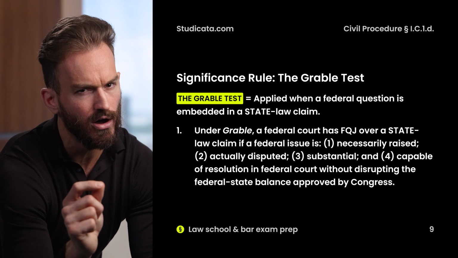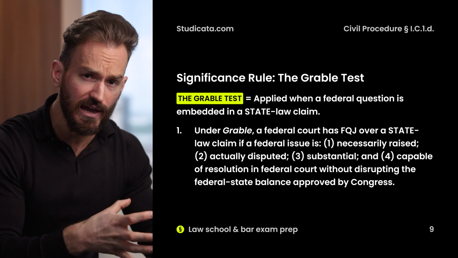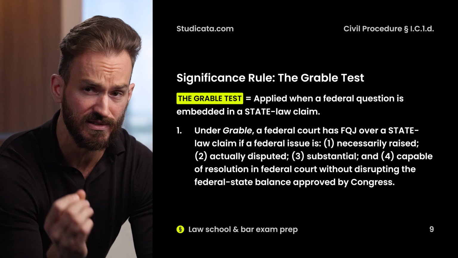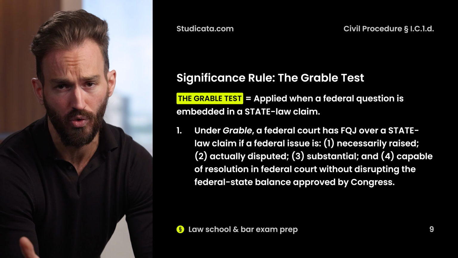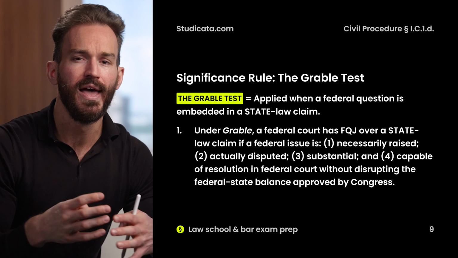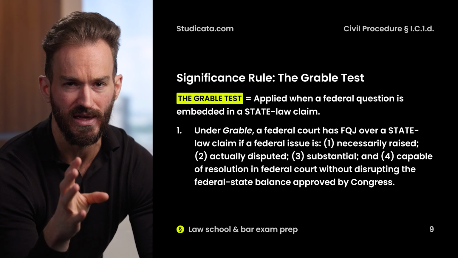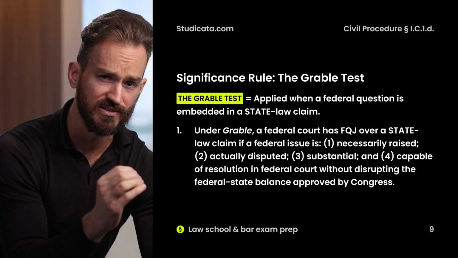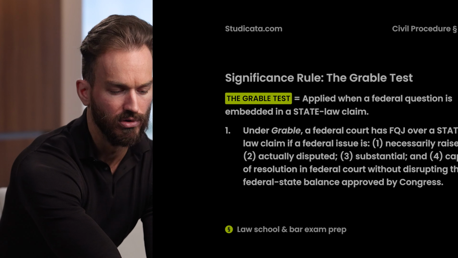We'll see Merrell kind of doubles down on the creation test, and we'll see 20 years later kind of how Grable and Sons, this new Supreme Court decision, distinguishes itself a little bit from Merrell and how we get this 4-element test, okay, that's a little bit separate from the creation test that we call the Grable test.